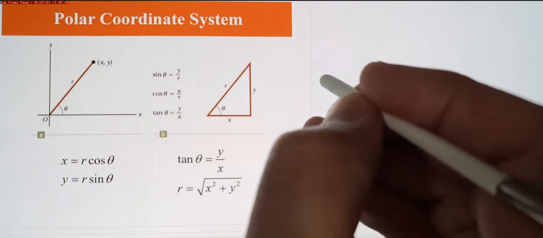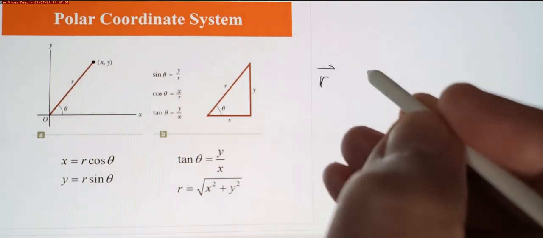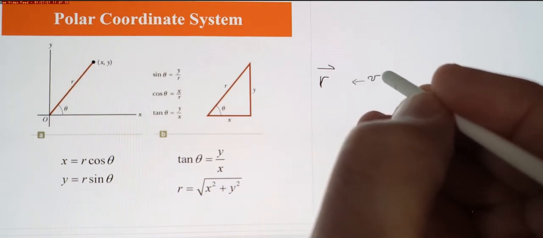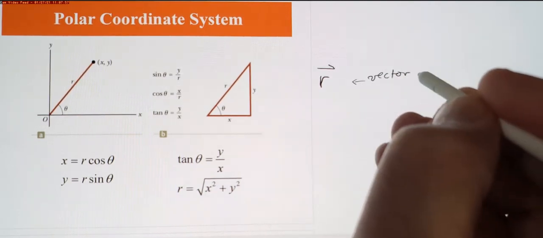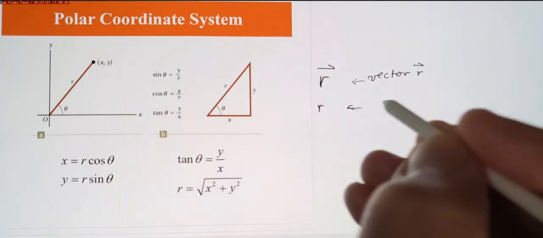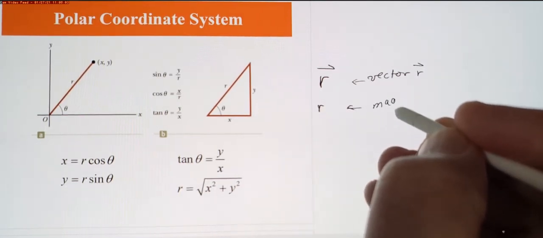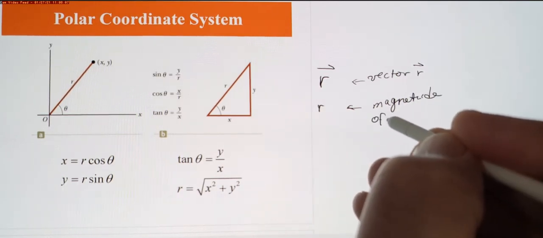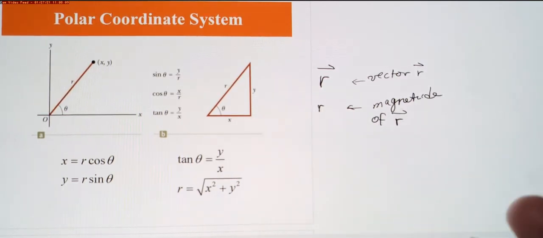By the way, this is vector R, and this is the magnitude of vector R. When we don't put the sign, we are just talking about the magnitude.